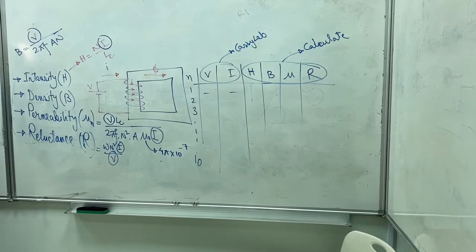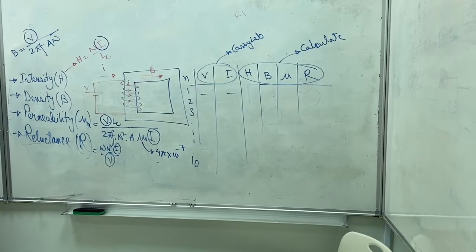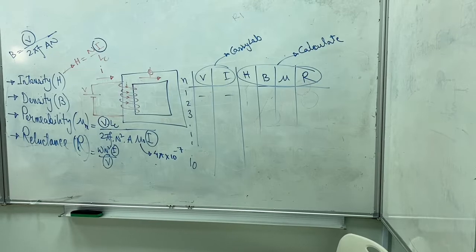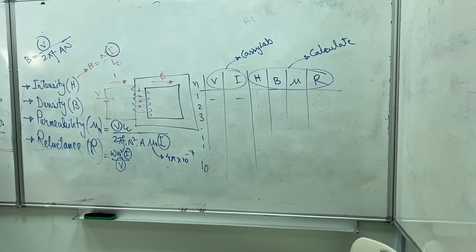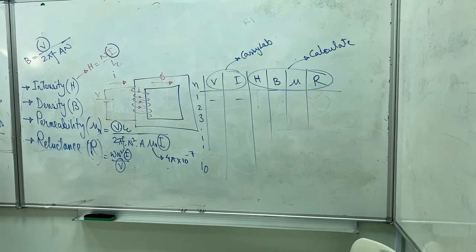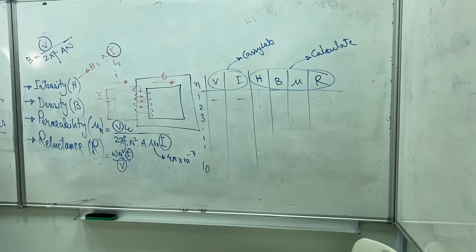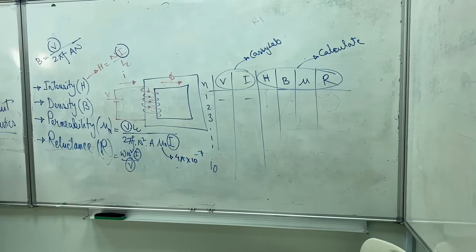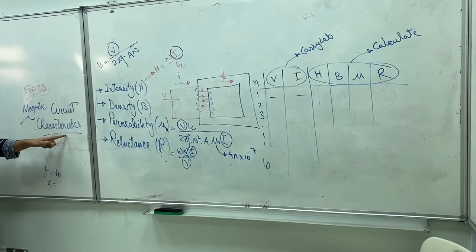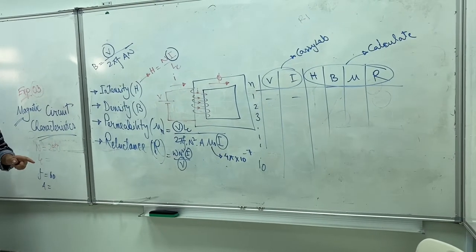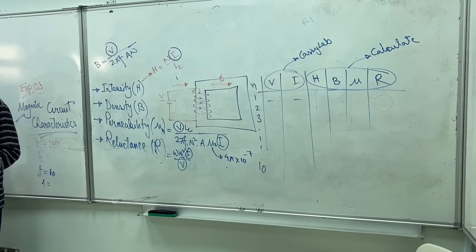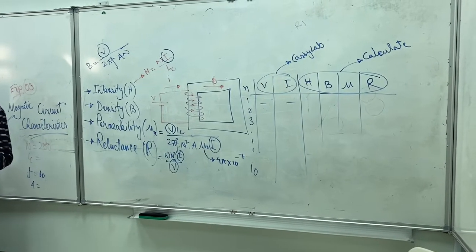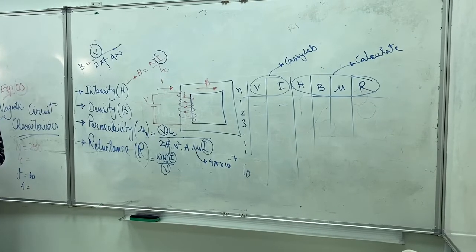So this is how we will calculate the magnetic circuit characteristics through electrical circuit parameters. I am repeating this statement again because this is the most important thing of today's experiment, that we'll calculate the magnetic circuit characteristics through electrical circuit parameters. Who are the electrical circuit parameters? Voltage and the current. That's it. Clear? This is what we'll do.